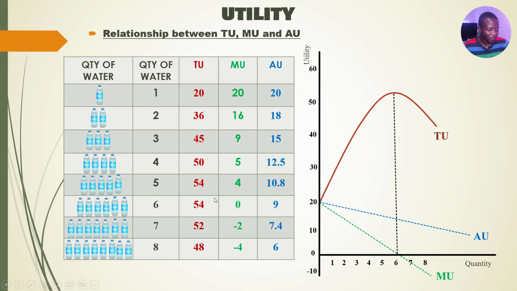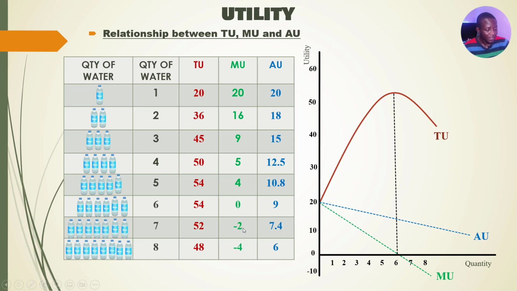And it can be seen from the values here. You realize that at the peak of 54 utils, marginal utility was 0. Being 0, when the consumer goes on to consume the 7th unit, he or she is going to derive a negative utility. That's a disutility of negative 2.